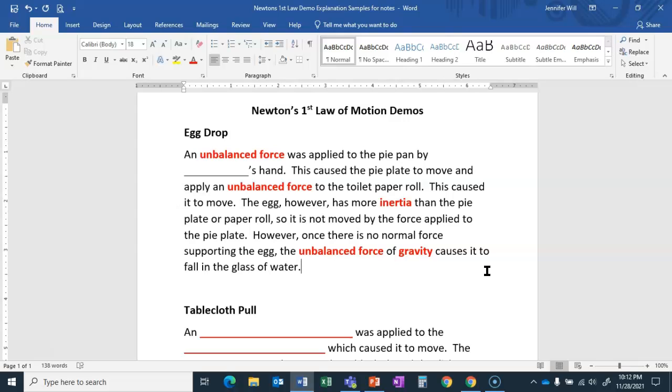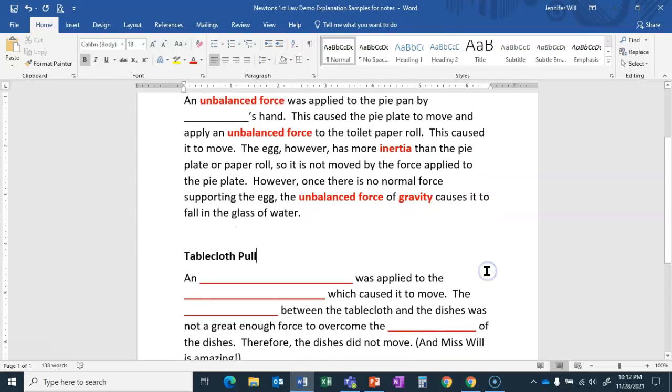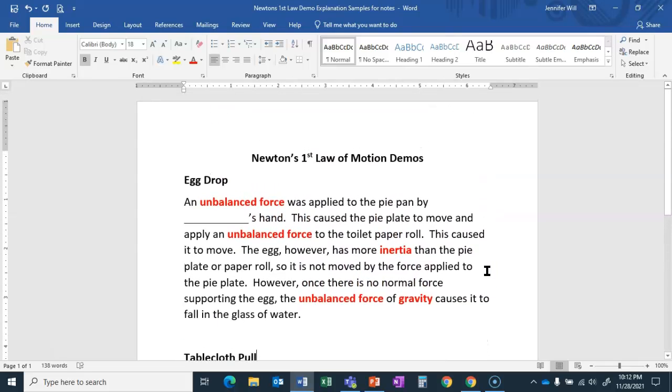This caused it to move. The egg, however, has more inertia than the pie plate or paper roll, so it is not moved by the force applied to the pie plate. However, once there is no normal force supporting the egg, the unbalanced force of gravity causes it to fall in the glass of water.